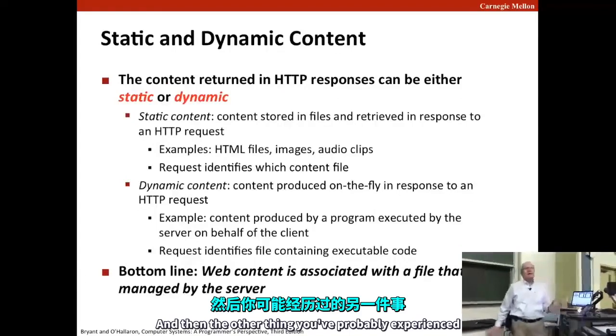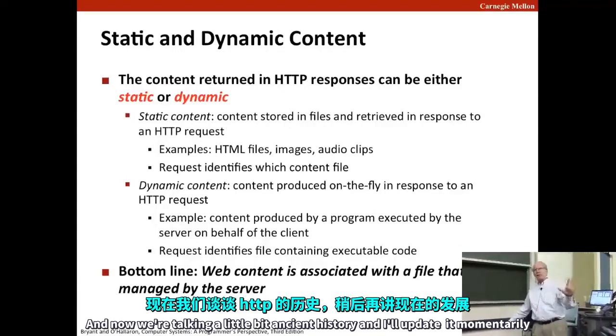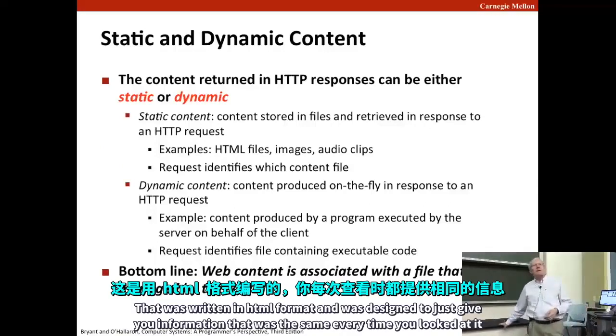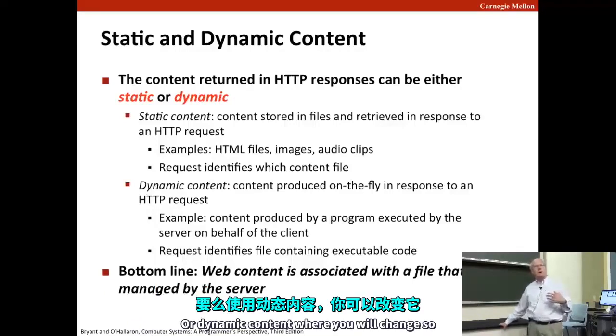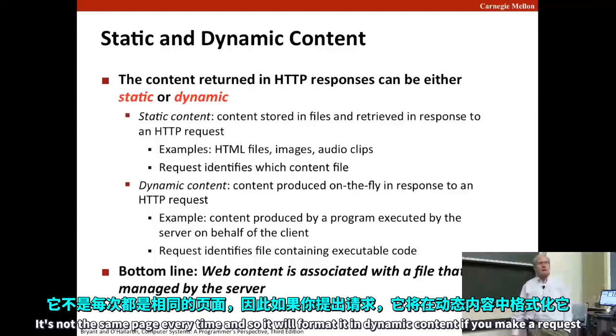And then the other thing you've probably experienced, and now we're talking a little bit ancient history, and I'll update it momentarily. But classically, you either use static content, meaning a fixed web page that was written in HTML format and was designed to just give you information that was the same every time you looked at it, or dynamic content, where the content will change. So, for example, a server application that's giving you the weather, it's not the same page every time.